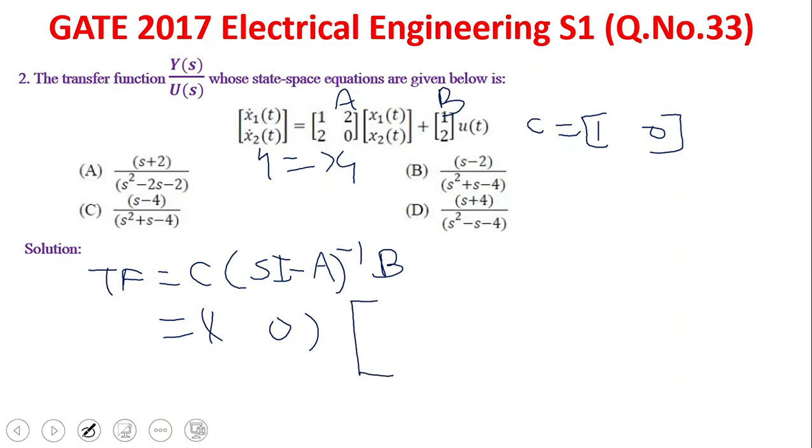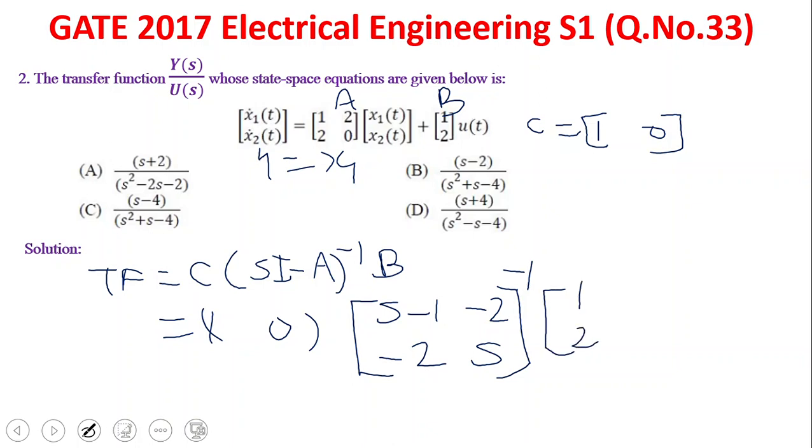So we have to find sI minus A, which is [s minus 1, s minus 2], correct? For this we have to find the inverse into B, where B is [1 2].